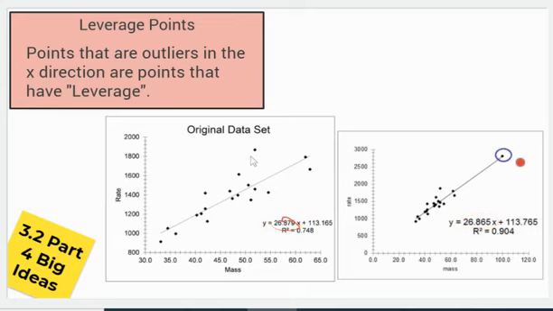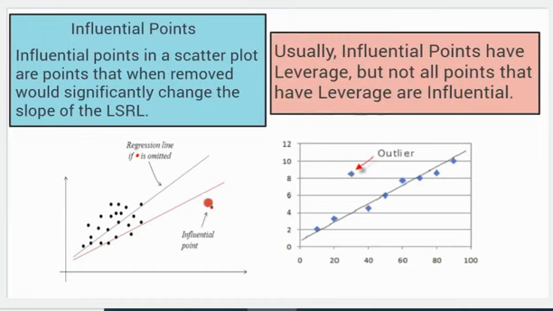So this point has leverage, but it is not considered an influential point. This point has leverage and is considered an influential point. And this point right here does not have leverage, and it would not be considered a point that has influence either.